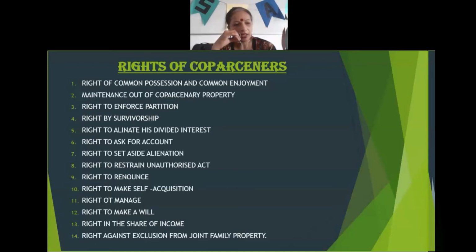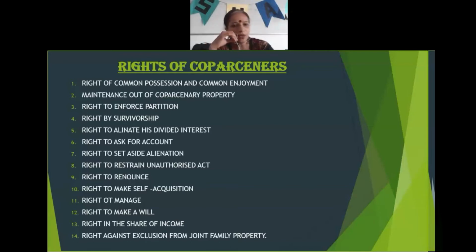No other coparcener has that right. If any other coparcener does so, his unauthorized act can be restrained by the other members. That is to say, the right to restrain an unauthorized act is a right of the coparceners.